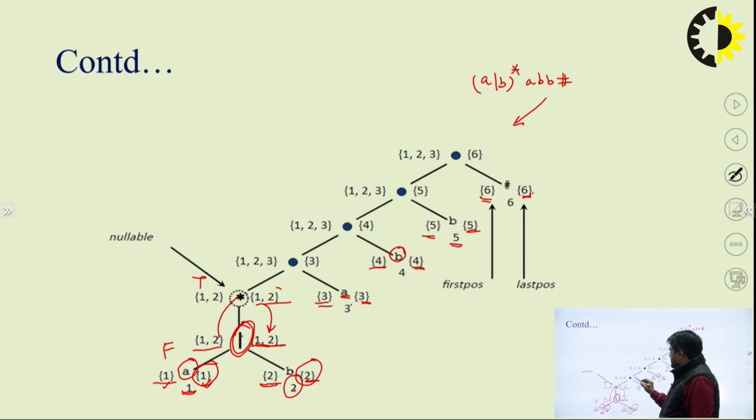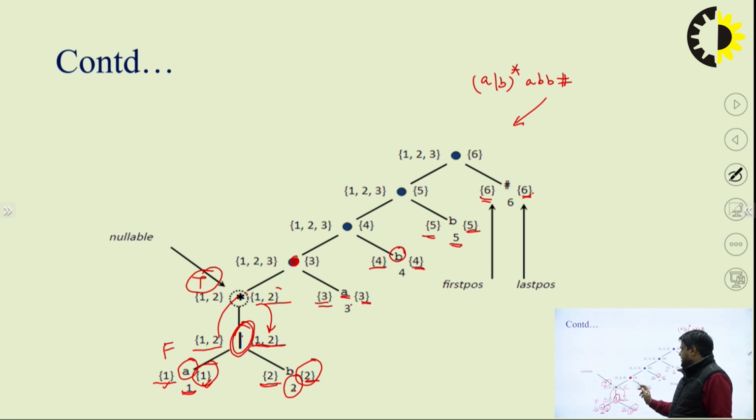Now you will move towards this particular point. It tells you, whenever you find the first position, if C1 is nullable, meaning here C1 is nullable, right or not? It is true, it is nullable. So what happens?